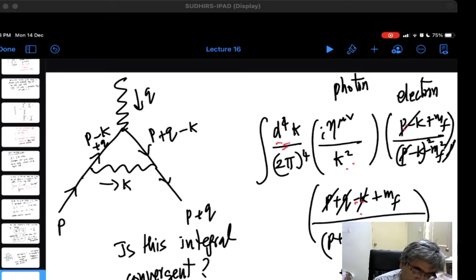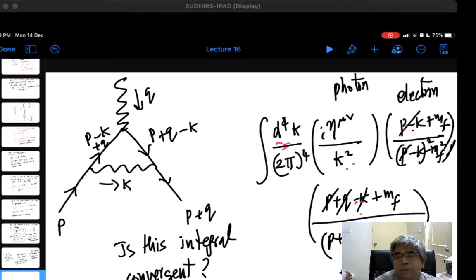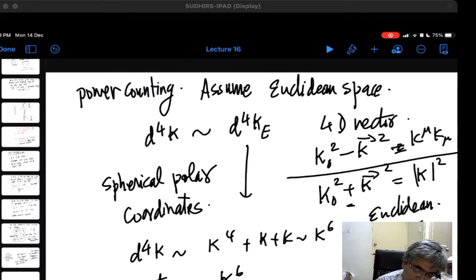The numerator goes as d power 4 k plus k plus k, so it just goes as k power 6, whereas the denominator also goes as 3 k squares, that means it just goes as k power 6.